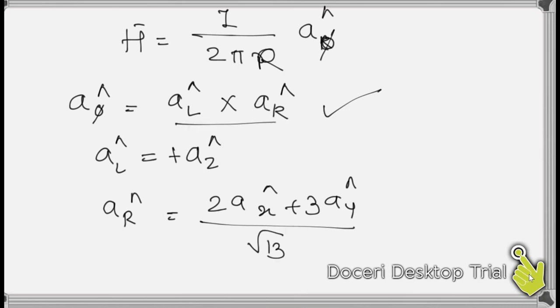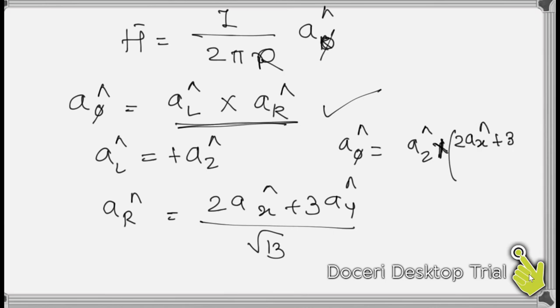Now we have to take the cross product of aL and aR. So a phi cap is equal to aZ cross (2aX plus 3aY) divided by square root of 13.